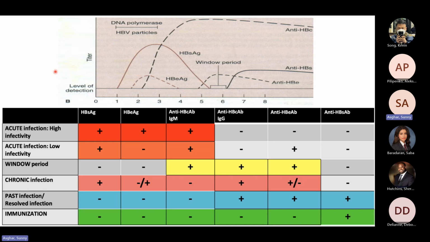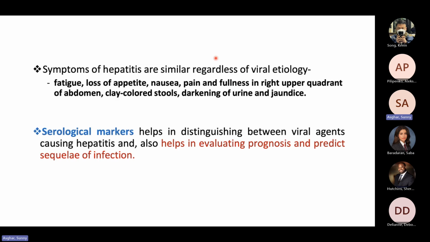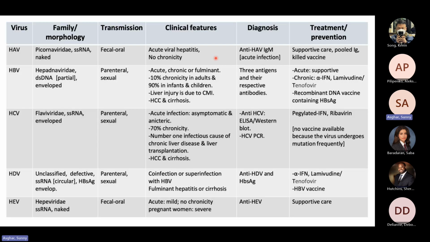This chart is so important to know. I highly recommend trying to understand what occurs, and trying to know the window period, specifically, because it shows you what state we're at and whether they've been infected or not. So I highly recommend going over this.